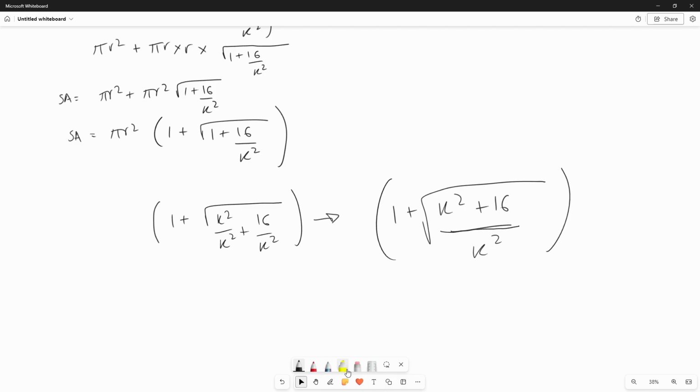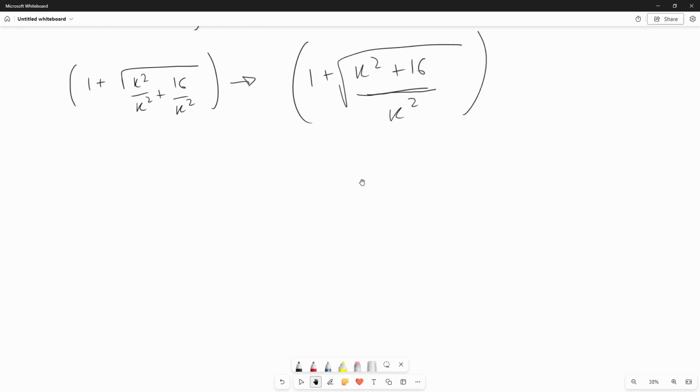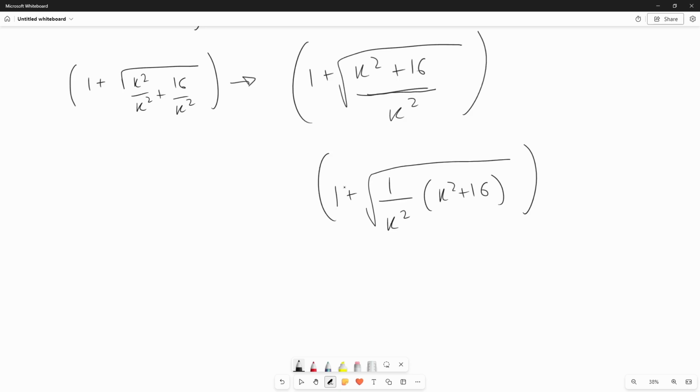And now from this we can factorize out 1 over k squared. Like that. So I've taken out the denominator and I've separated it from the numerator.